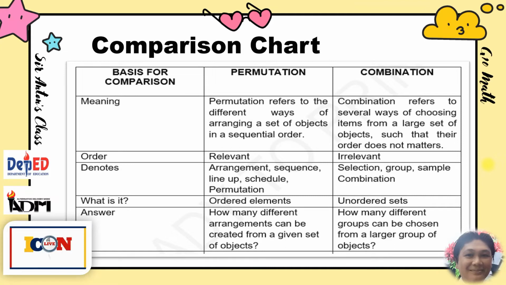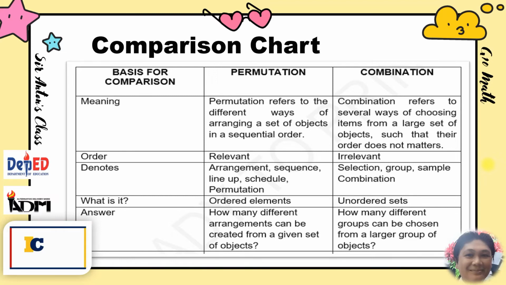Okay? Now, take note, for permutation, the order is very relevant. For combination, it is irrelevant. Permutation denotes arrangement, sequence, lineup, schedule. For combination, selection, group, sample.